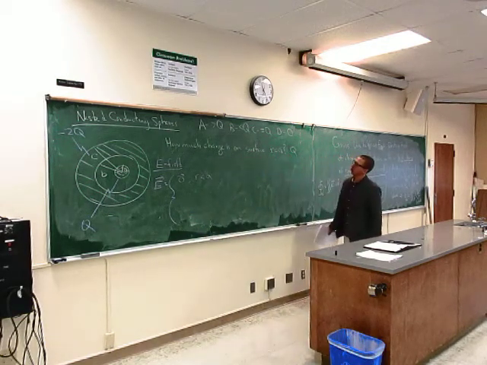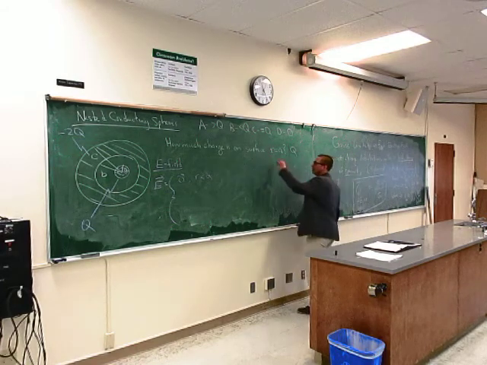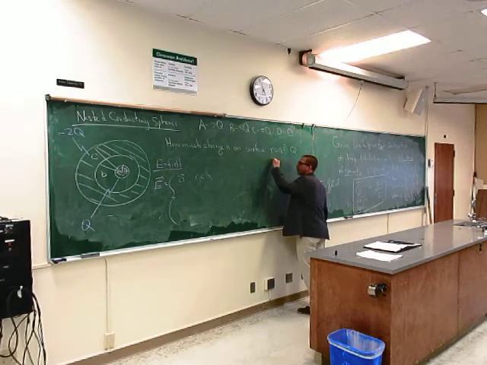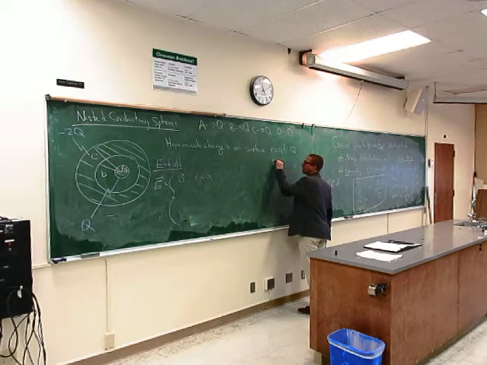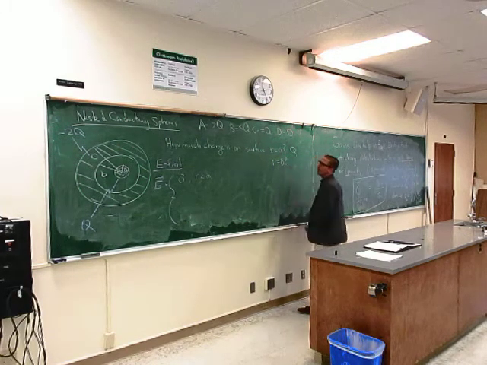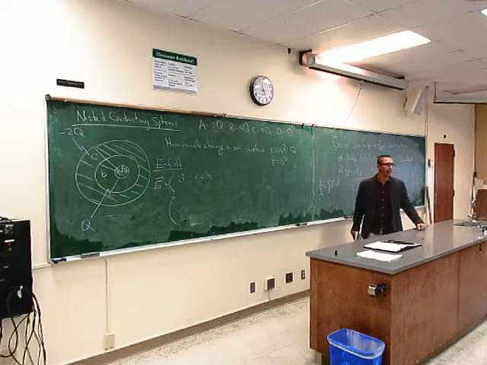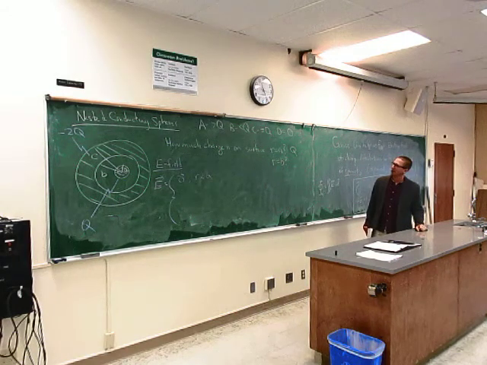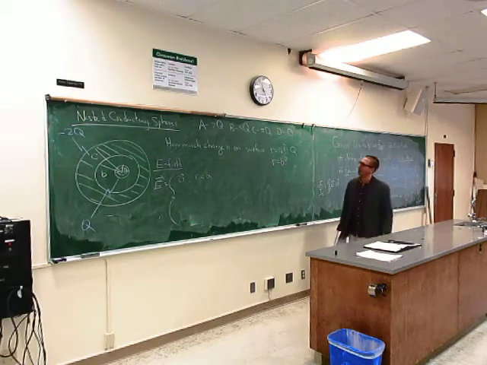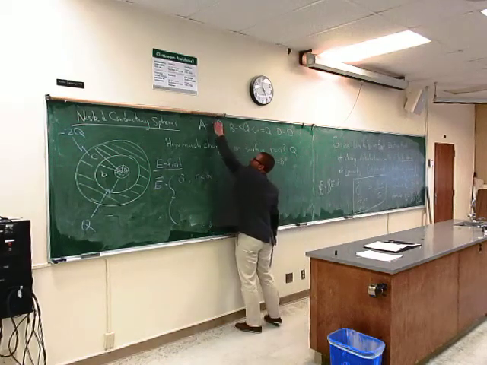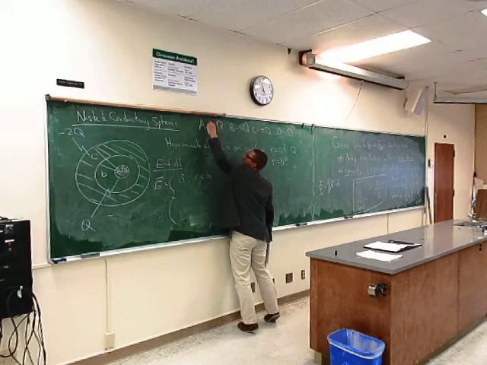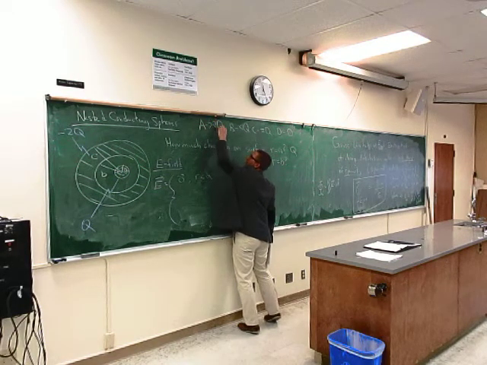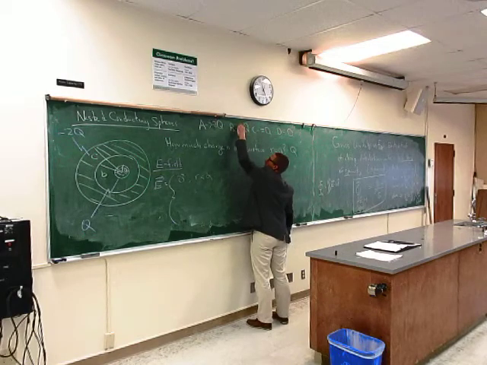All right, so how much charge is on the surface R equals B? And that entire outer shell has charge negative 2Q. So I'm going to change the options a little bit. I'm just going to replace the Q's with negative 2Q's.